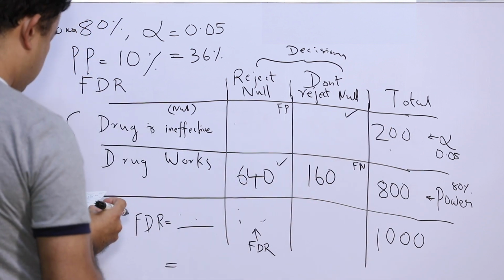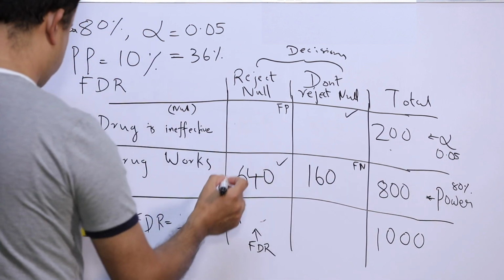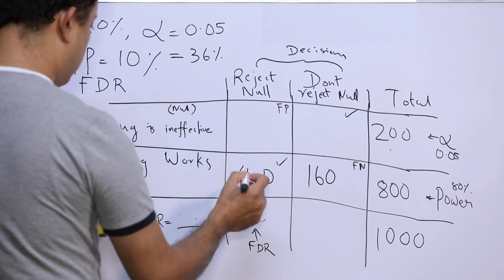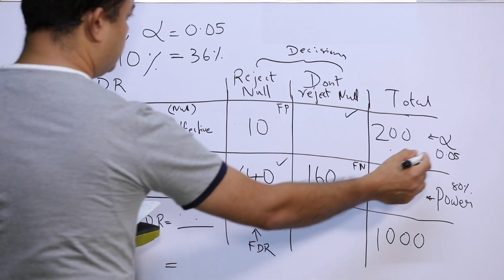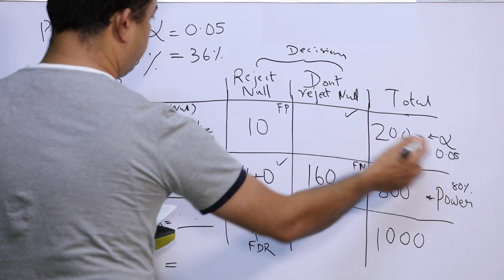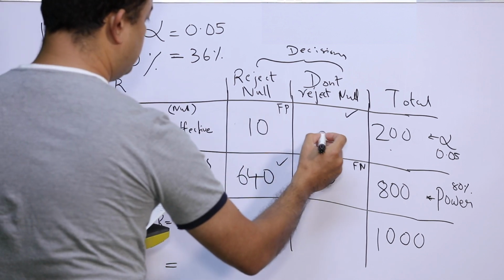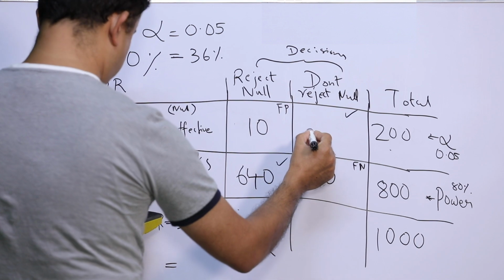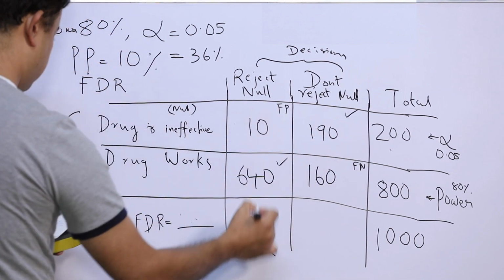Because sigma is 0.05, the false positives are going to be 10, since you multiply 200 by 0.05, while the true negatives are 190.